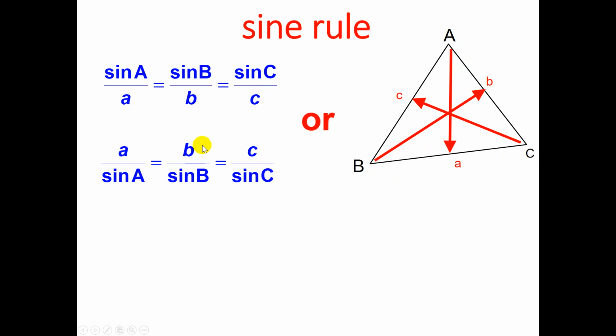We can flip this and the formula would be a over sine A is equal to b over sine of B, which is equal to c over sine of C. Please note, to form an equation, we only need 2 from the 3.